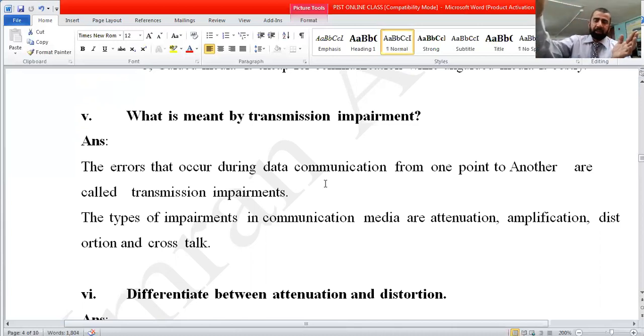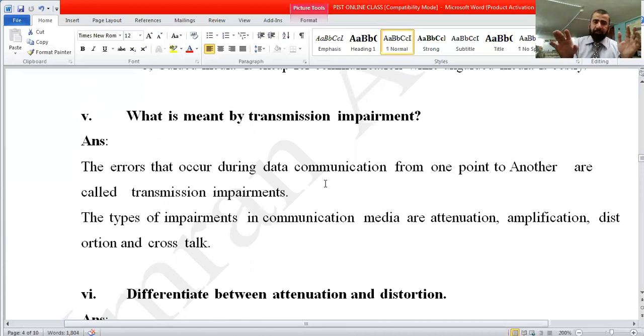Let's say the ISP is down. ISP means internet service provider. Your connection is very good, but the ISP is down. You purchased a very high speed connection, but they are giving you a very low speed internet connection. This may be because of transmission impairment.